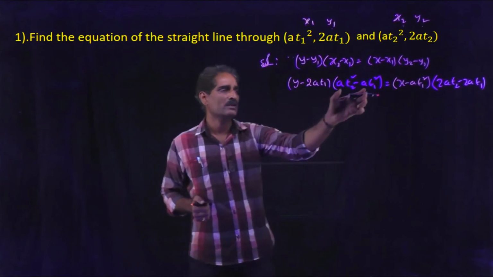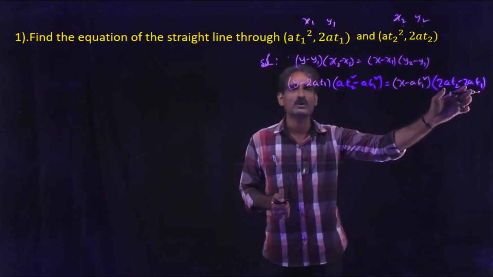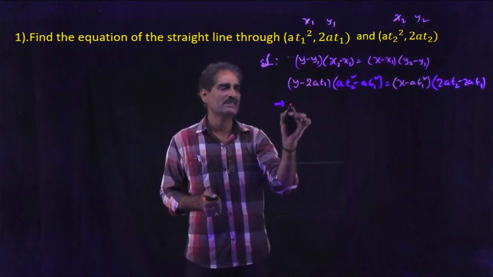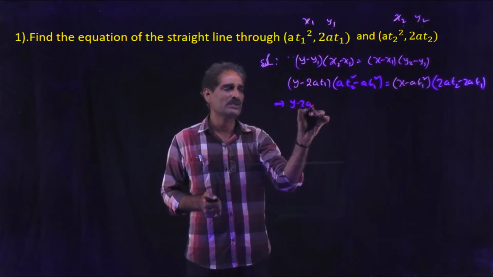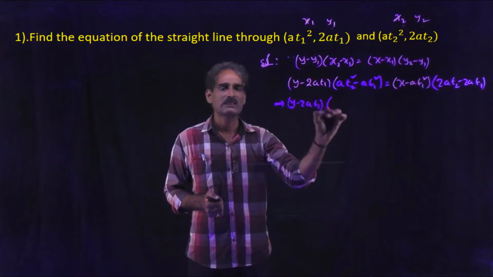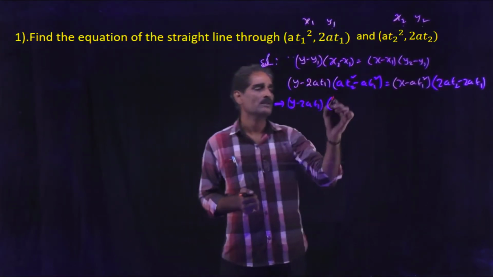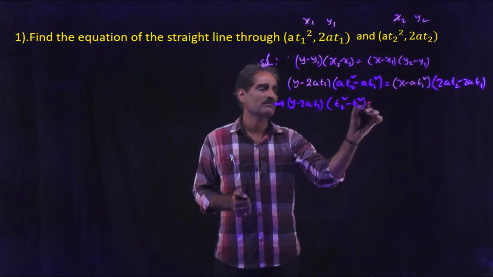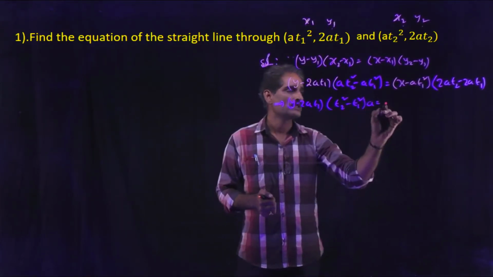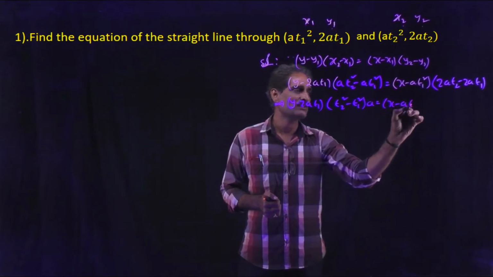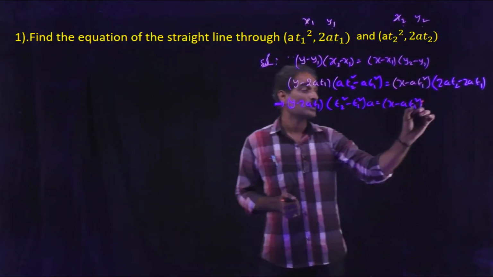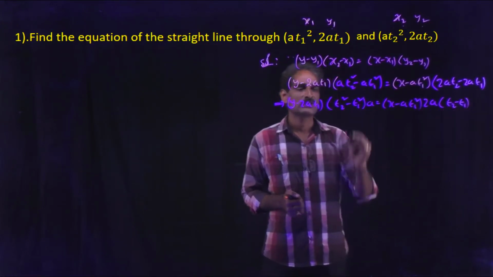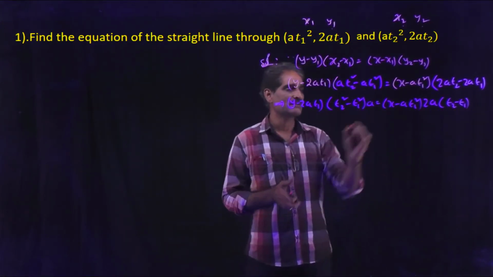Now here we have a common a, since 2a is there. After that, this implies (y minus 2at1) into a into (t2 square minus t1 square) is equal to (x minus at1 square) into 2a into (t2 minus t1). So a gets cancelled.